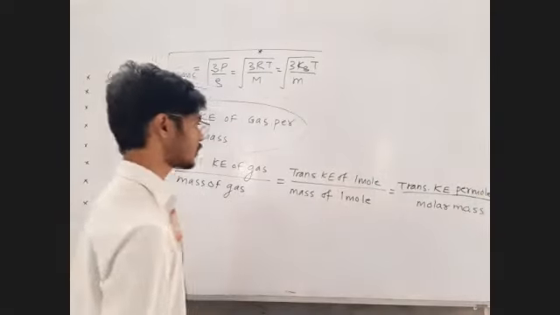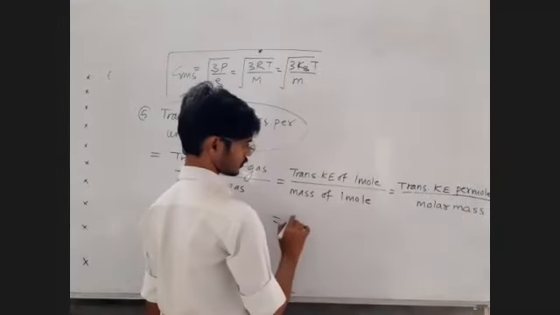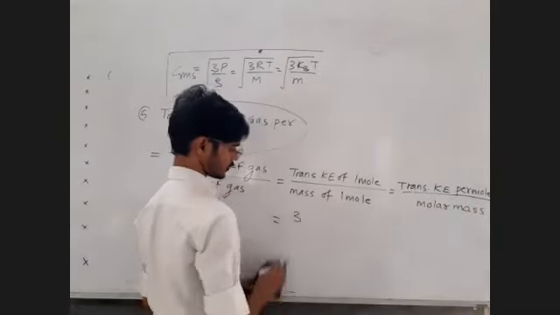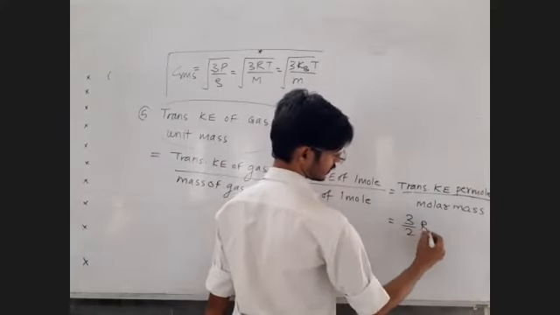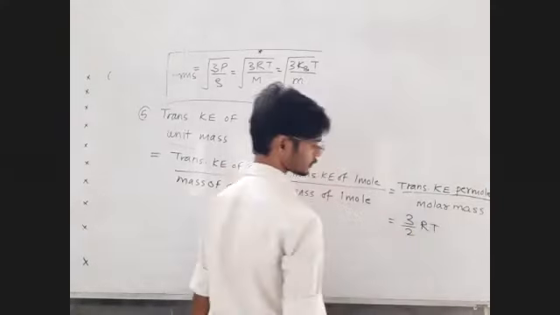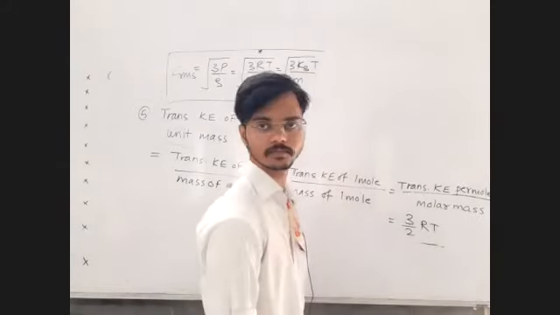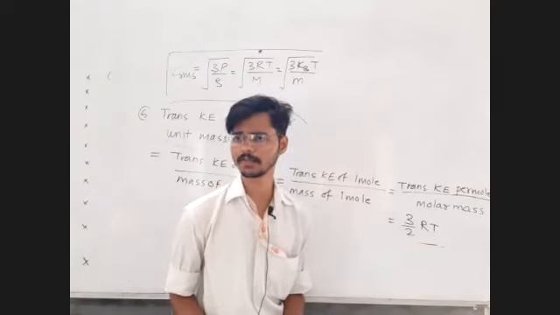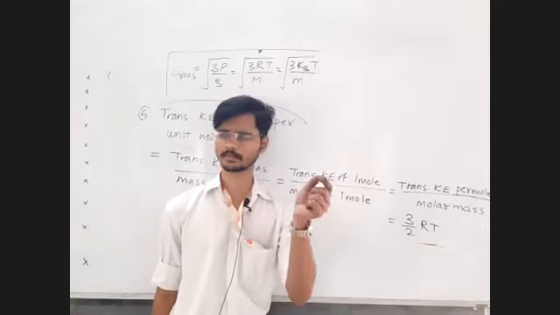Fine, sir. So what is the translational kinetic energy per mole? It is 3 by 2 RT, right? Per mole we are talking about. Gas means 3 by 2 PV. Translational kinetic energy of gas means 3 by 2 PV.